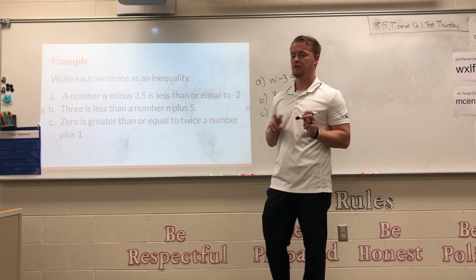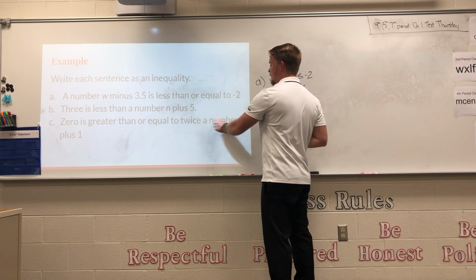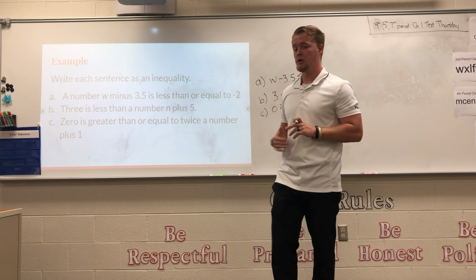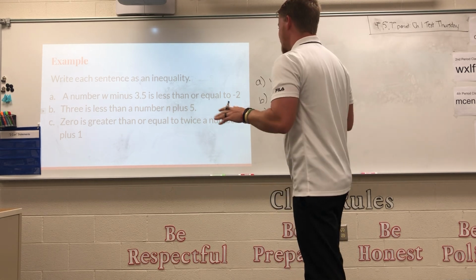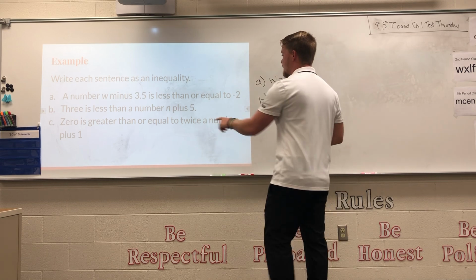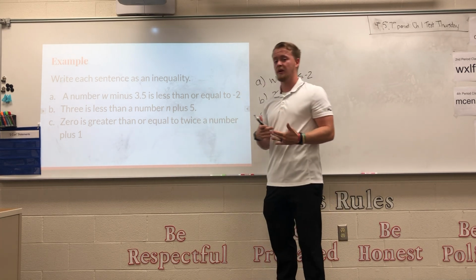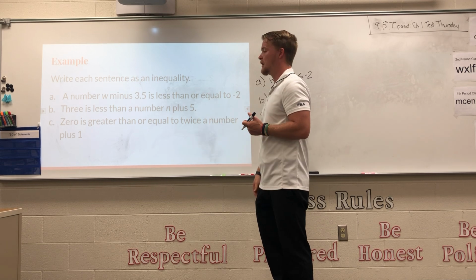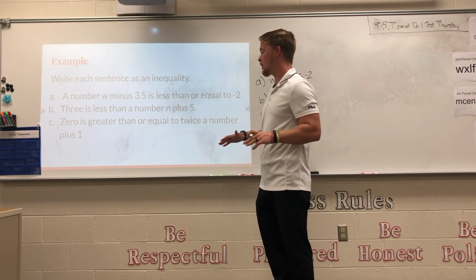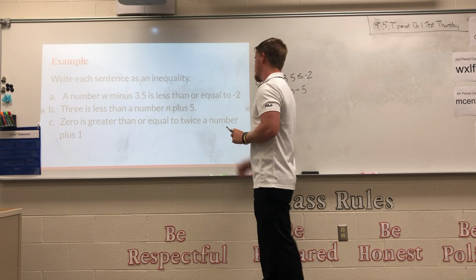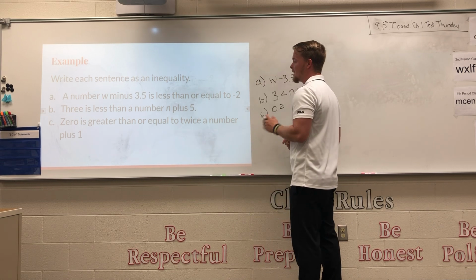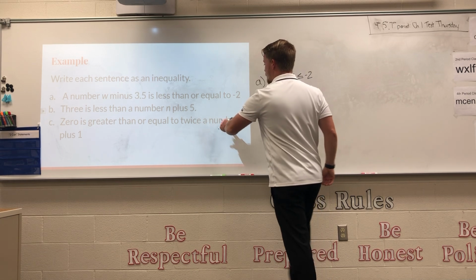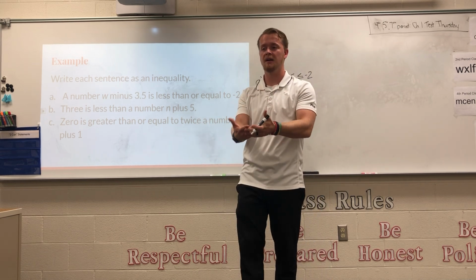So two key things in this one. First, it says twice a number, and they don't give you the variable they want you to use in this problem. If they don't give you the variable, they just say twice a number, you can choose whatever variable. Usually you'll use n, just because number starts with n. You can use x, you can use y, you can use whatever, but that is usually what you'll see if they don't give you the variable to use. Also, twice a number means 2 times a number.